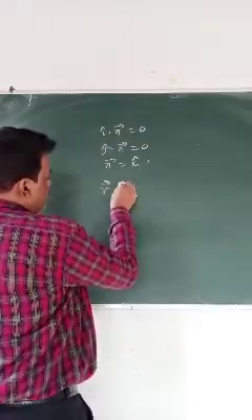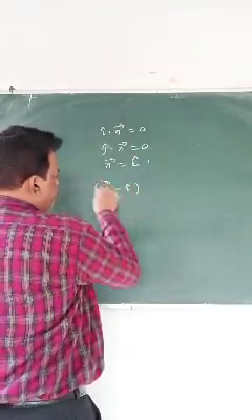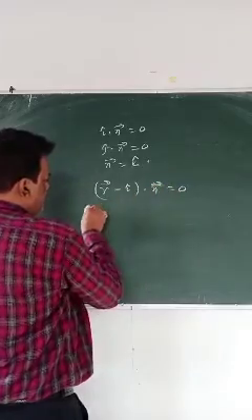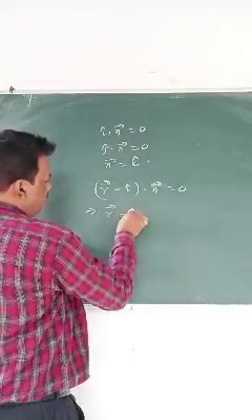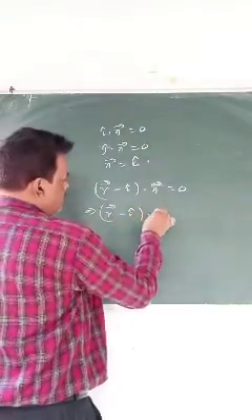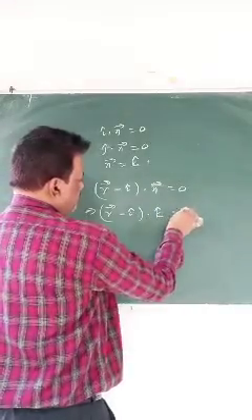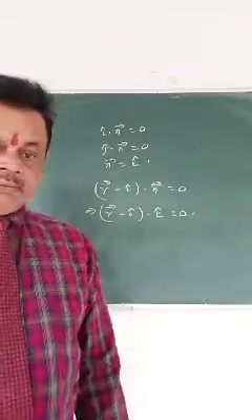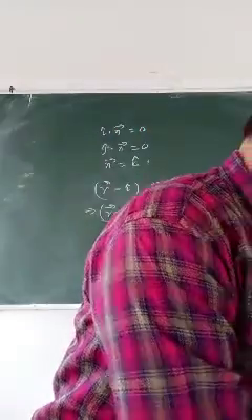So (r minus i) dot n equals 0 implies (r minus i) dot k equals 0. So this is the situation.